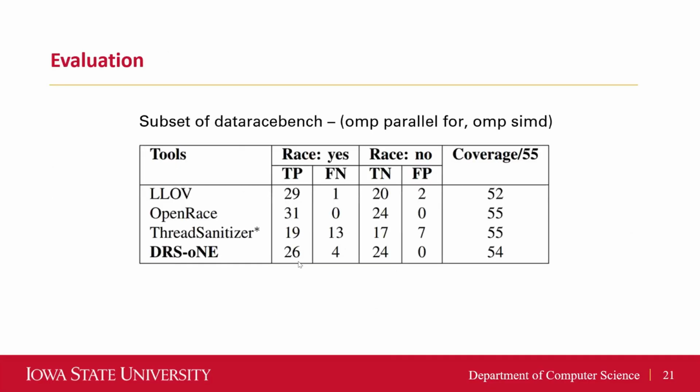So the evaluation doesn't really tell much because we use a subset of DataRaceBench. Like I mentioned, we have to exclude the files that do not meet the criteria or are not supported. The last row represents our work. What this shortly tells us is that although we were able to avoid false positives, we actually ended up with more false negatives. This is because we're doing a case-by-case analysis on the AST CFG pattern.